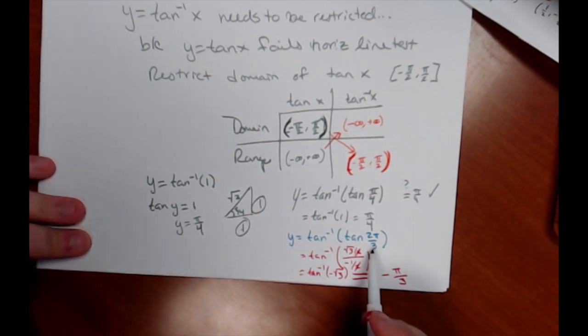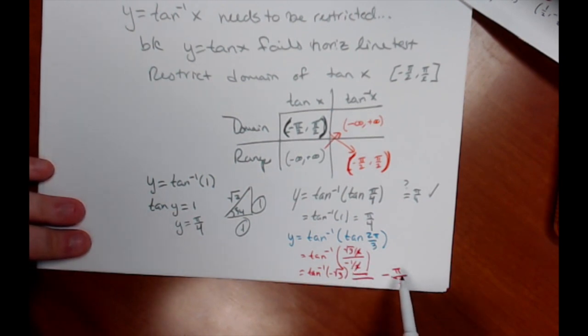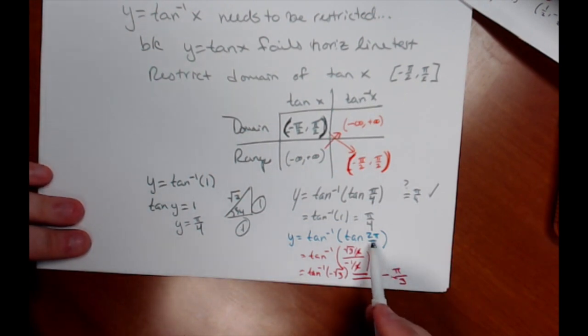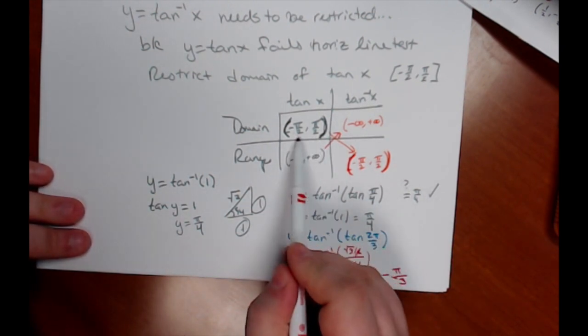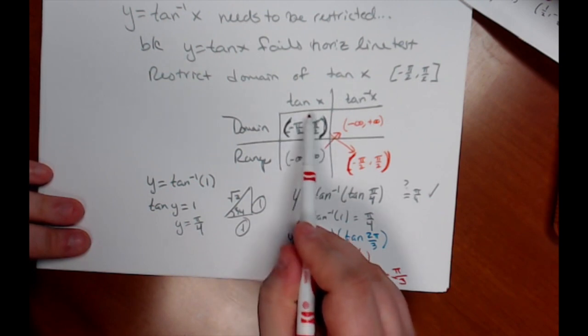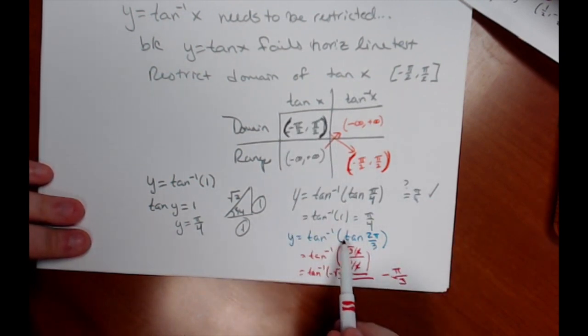And you'll be like, well, how could I do that ahead of time? How would I know that that is going to be negative pi over 3? Well, 2 pi over 3 we know is too large. And so whenever it falls outside of your domain, you're going to have to evaluate the tangent and then take its inverse.